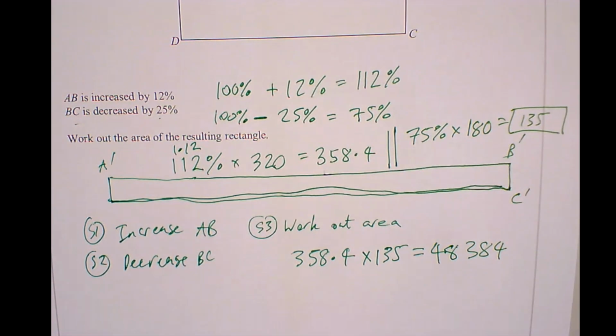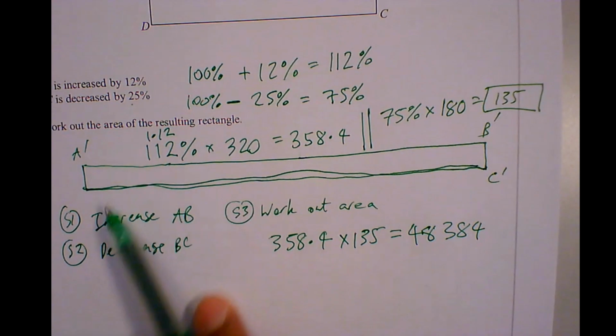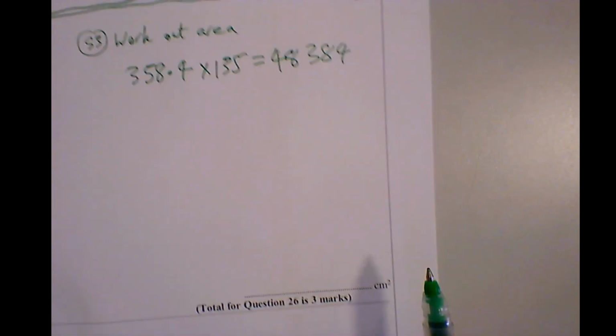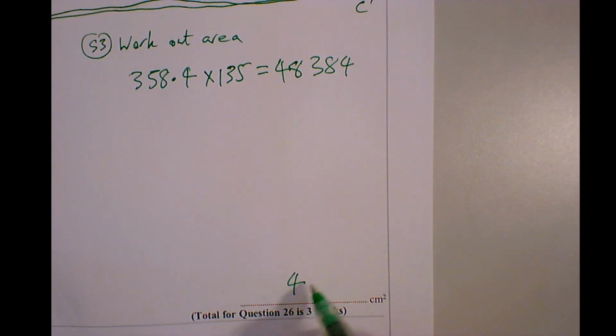Okay, and let me double check everything. Work out the area of the resulting rectangle. If I look at my answer, it's in centimeters squared. So the answer is 48384 centimeters squared.